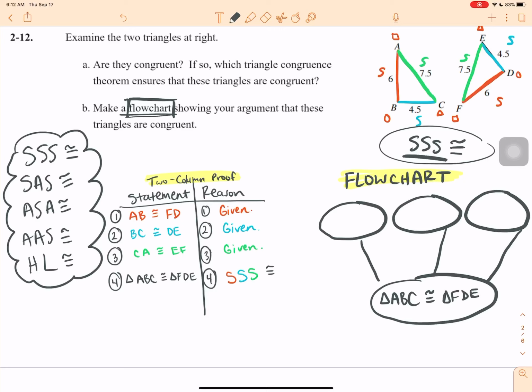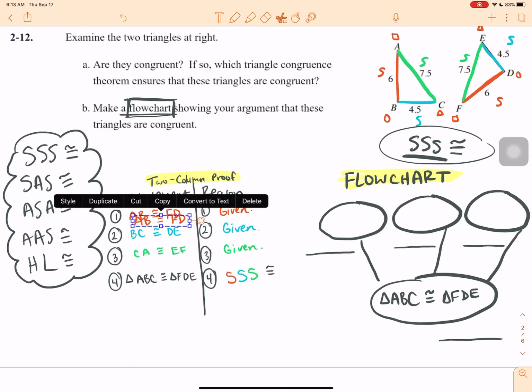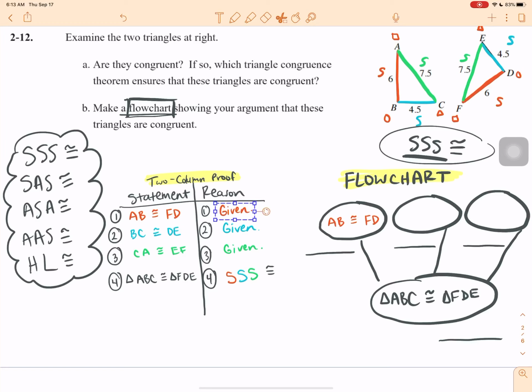Okay, so you put the statements inside, and then you're going to be putting the reason why the statements are true on the outside here. So it's going to look just like our 2-column proof. So what I'm going to do, since I have this ability, is I'm just going to take these parts and copy them over and put them in there. Okay, so that's my first statement, and I know that those sides are congruent because they were given.